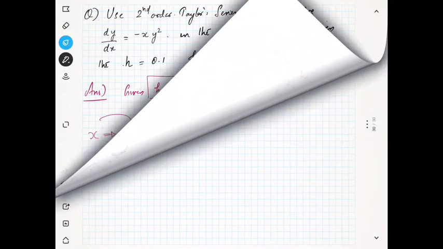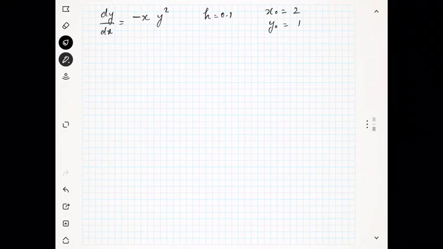So I will rewrite the differential equation once again. The differential equation was dy by dx equal to minus x into y square, and it is given h is equal to 0.1, x naught is 2, and y naught is 1, and our interval is between 2 and 3.